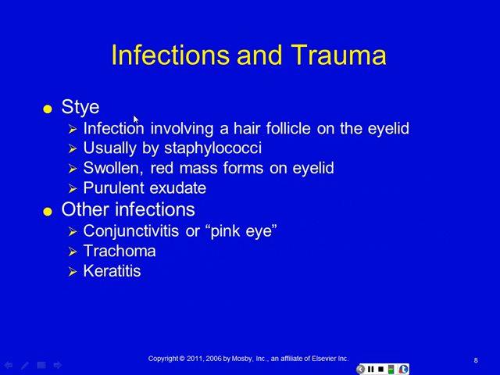The stye, probably some of you in here have had a stye. This is where a hair follicle on the eyelid, so one of your eyelash follicles, gets infected and inflamed. Usually it's from obstruction. Mascara is a big cause of styes because it has a tendency to seal the pore, and then that pore gets infected, it swells up, and you end up with this sort of red knot on your eyelid.